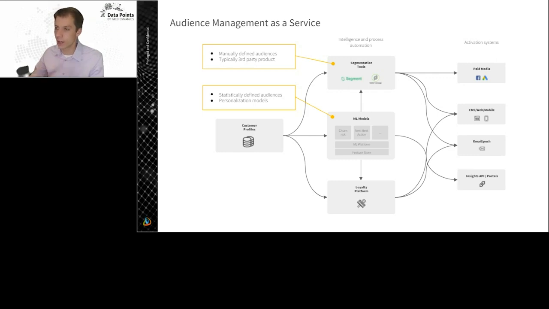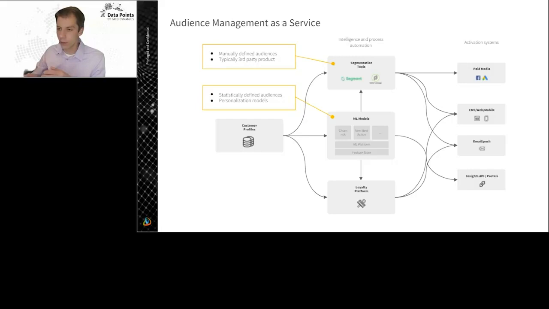Then the outputs of these models can either be consumed by segmentation tools, so that segments can be defined in terms of these scores rather than raw attributes, or these scores can be made available through APIs to our application developers who build applications on top of our core platform, or can even be consumed by merchant clients.